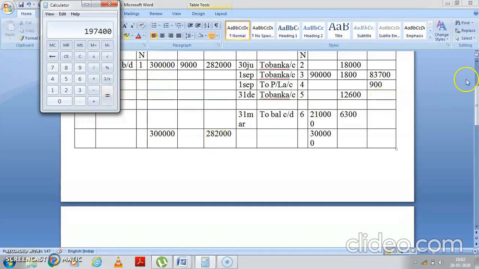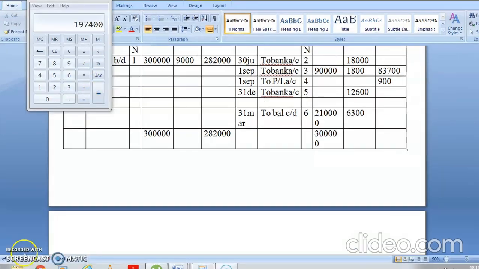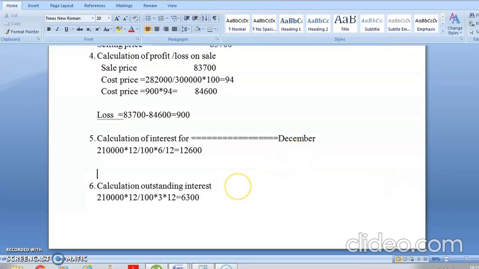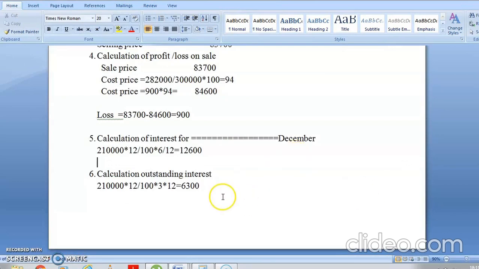Okay, so now we are also going to see the difference of debit and credit, which is 1,97,400. But in accounts we follow which method? Do you remember it now? We follow the method in which closing stock, or whichever is bigger. So now we are going to find out the closing stock.